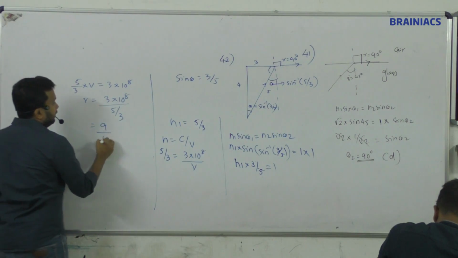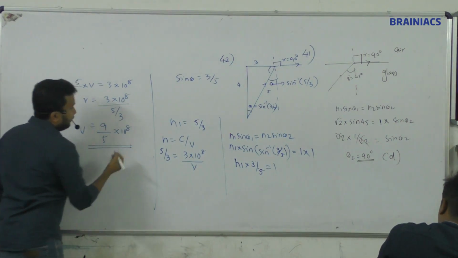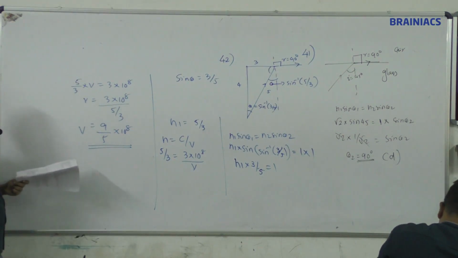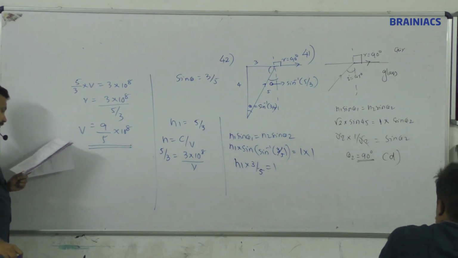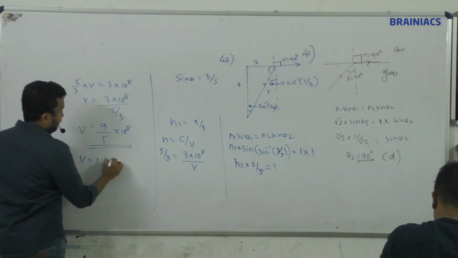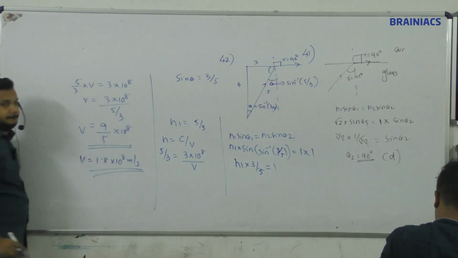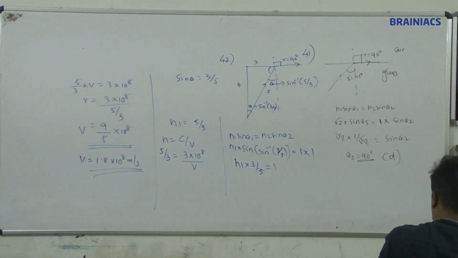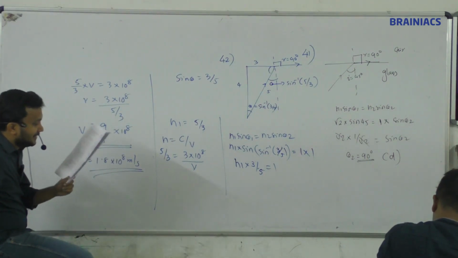So it becomes 9 by 5 into 10 power 8 velocity. 9 by 5 is approximately 1.8. 1.8 into 10 power 8 meter per second. Got it? Your answer is also matching. Okay, luckily that is a center position.